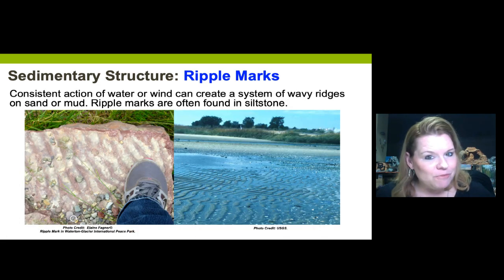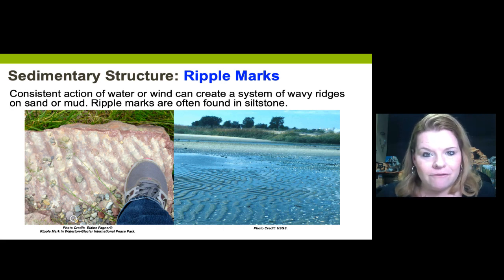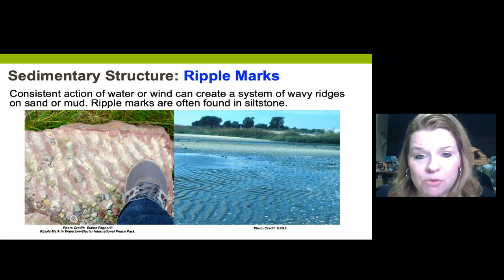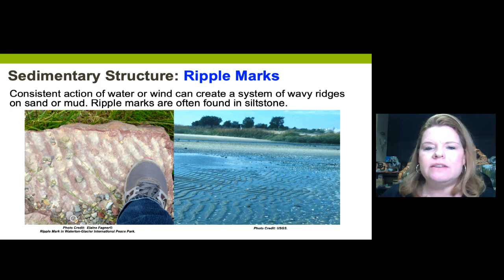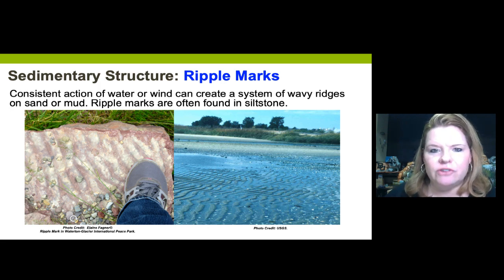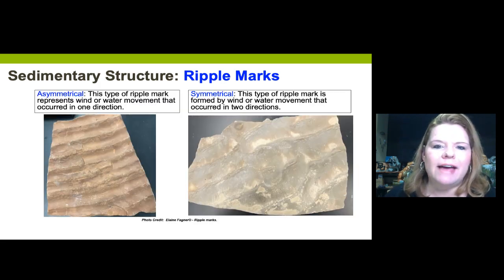We also talked about ripple marks. Last time I gave you an overview from Glacier about ripple marks and mud cracks. And remember, they represent where water or wind has left ripples on substrate, and that substrate got buried. It tells us a lot, that it's a transitional type environment like a tidal flat.